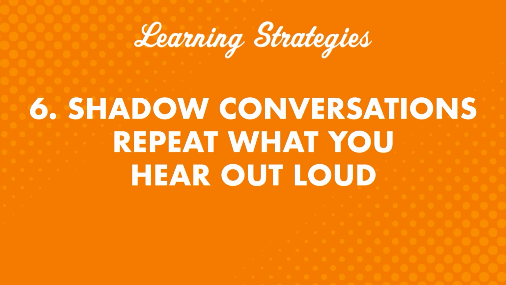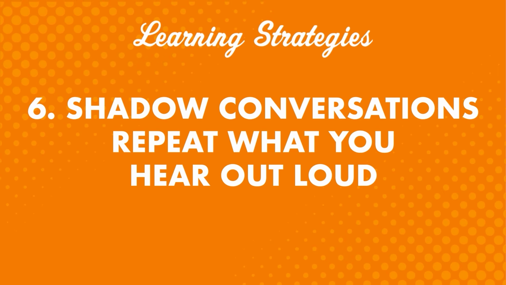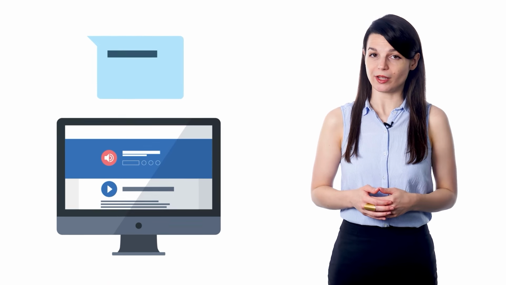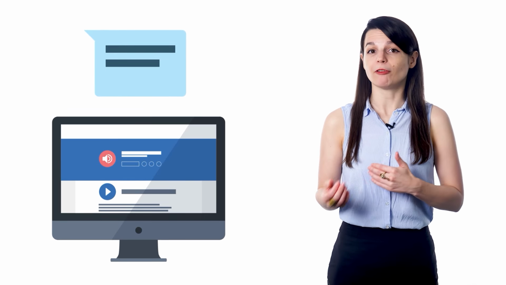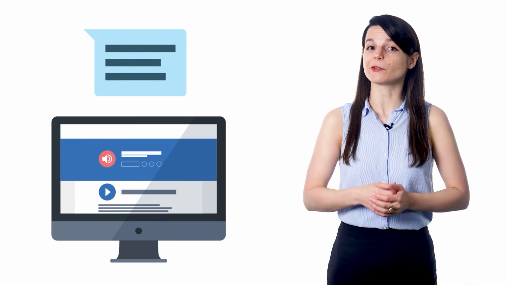Shadow conversations. Repeat what you hear out loud. This tactic is important, but it can be tricky when you're doing a brand new lesson. If you're reviewing dialogues from lessons you've done though, it's super easy to do. Just listen to the dialogue and repeat what you hear. Shadowing means mimicking the speaker as soon as they speak, following their intonation and rhythms as closely as possible.